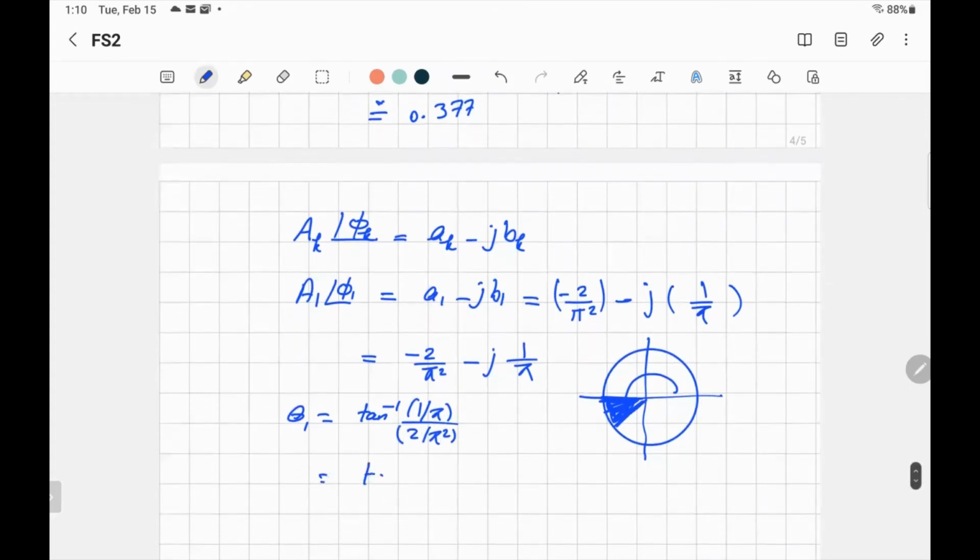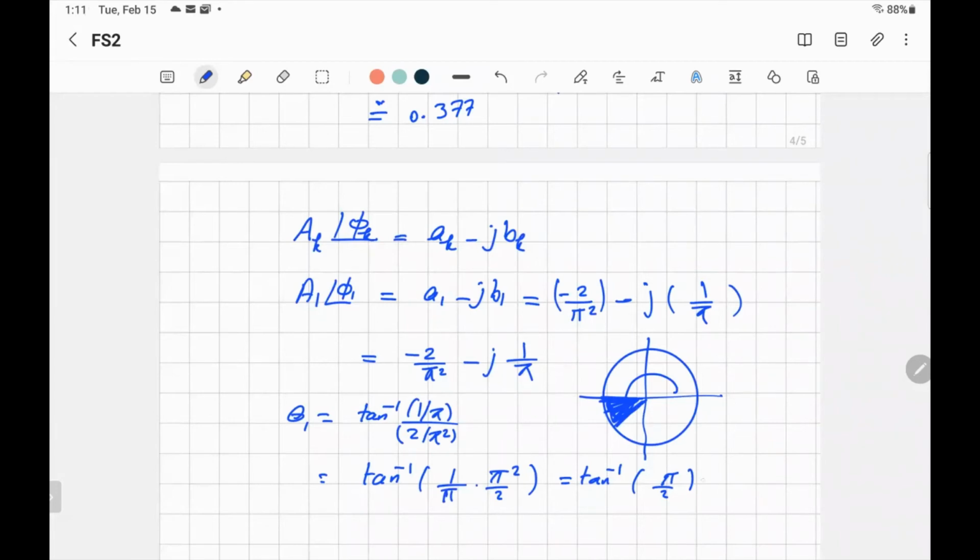So in this case it would be equal to tan inverse of 1 over pi divided by, so it'll be pi squared over 2 when you divide it. So it'll be tan inverse of pi over 2. So we want to find the angle whose tangent equals pi over 2. So I'll say pi over 2, shift tan.